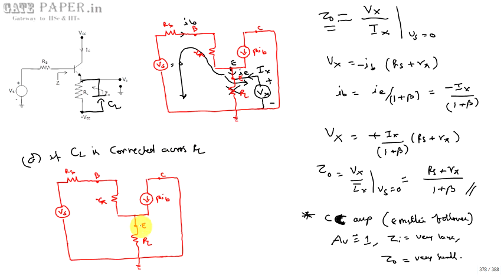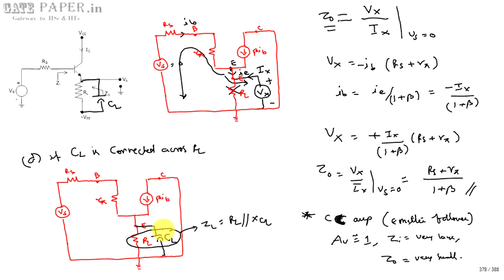Again there is a resistor and a capacitor connected across. These two are treated as ZL. ZL is RL in parallel with XCL.